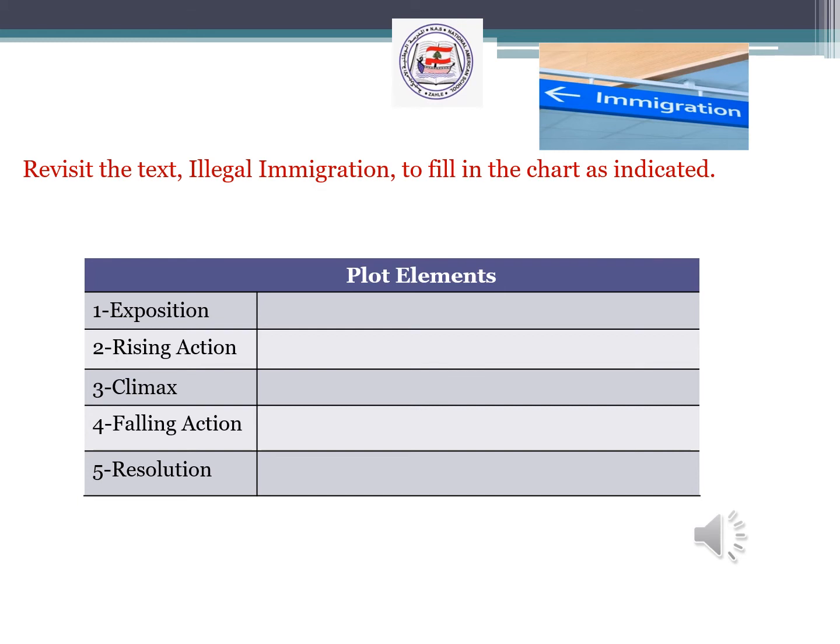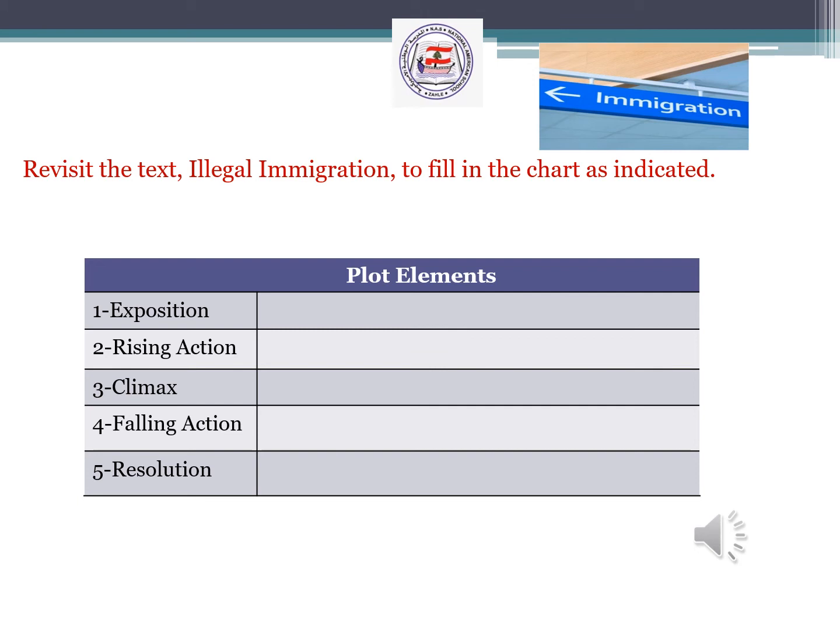If we go back to Illegal Immigration, we can see clearly that the exposition is when the mother informs Chris of the presence of three men in suits reading the labels on the mailboxes in front of the building.